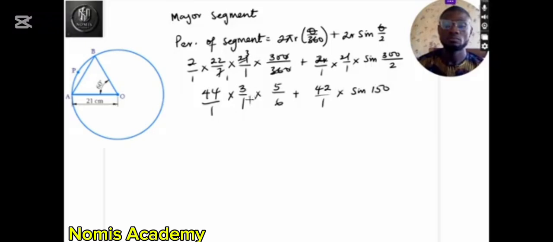So I can tell that 3 here 1, 3 here 2. So 2 here 1, 2 here 22. So I'm left with 22 multiplied by 5 plus 42 multiplied by sine 150.